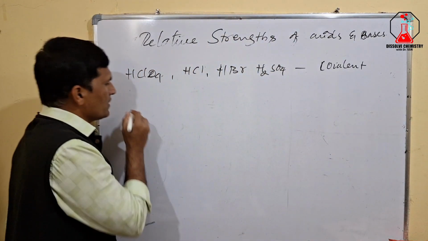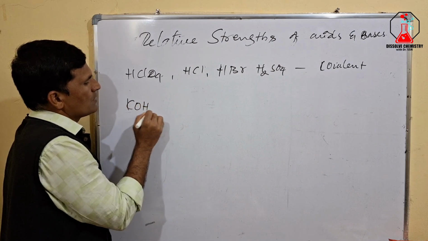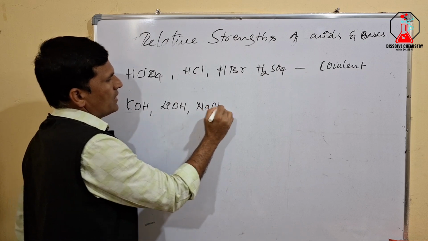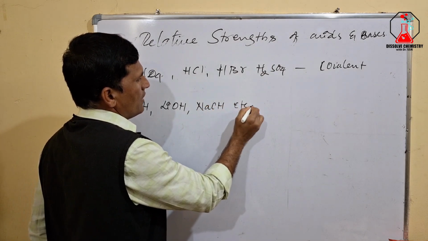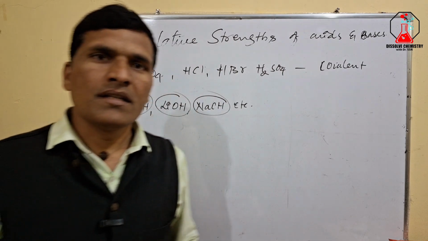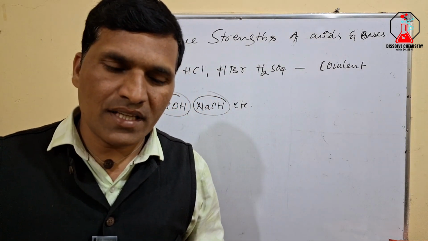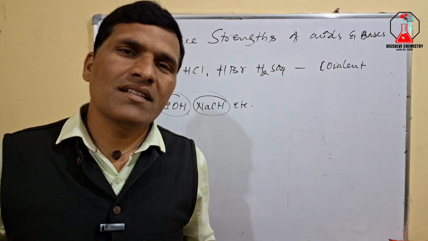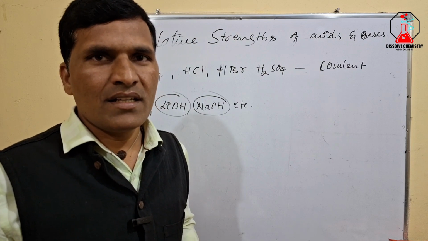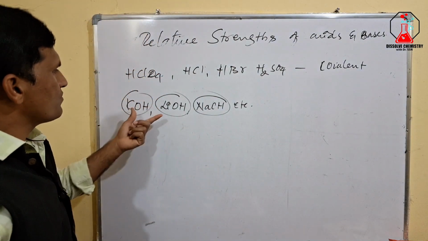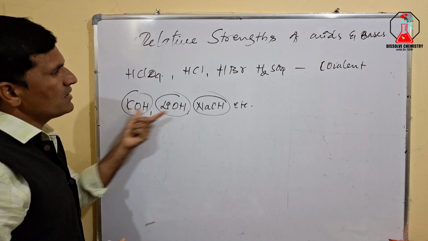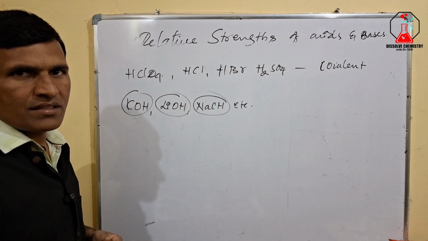But bases like KOH, lithium hydroxide, sodium hydroxide, and so on are all ionic in the solid state itself. There is no need to ionize here because they are already in ion form in the solid state. Is it clear? So such bases always have equal strength.